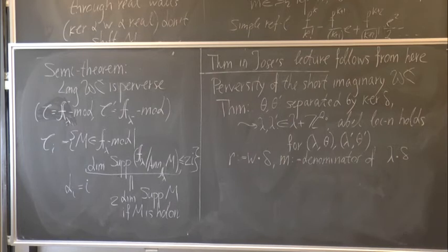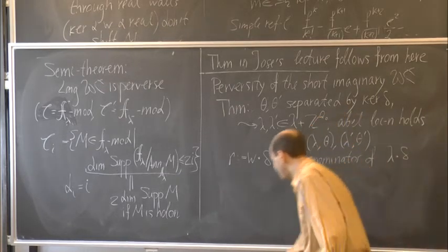If this is irrational, this wall is not essential, but I can put this denominator to be equal to plus infinity. Okay?